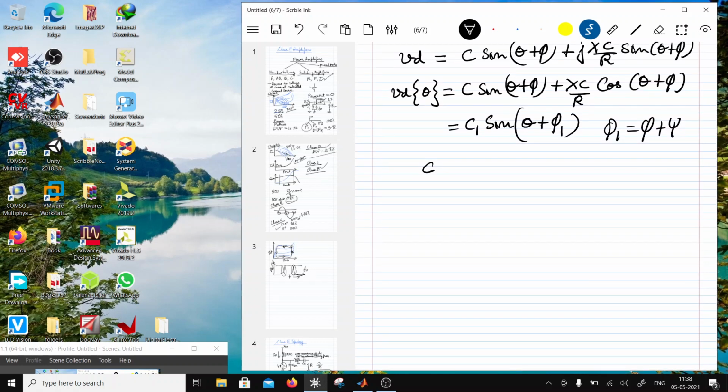Okay, so let's say C sine A cos B. Okay, C cos of xi is equal to C1 and C sine of xi is equal to, let me see, C is equal to C1 cos of xi. Correct.